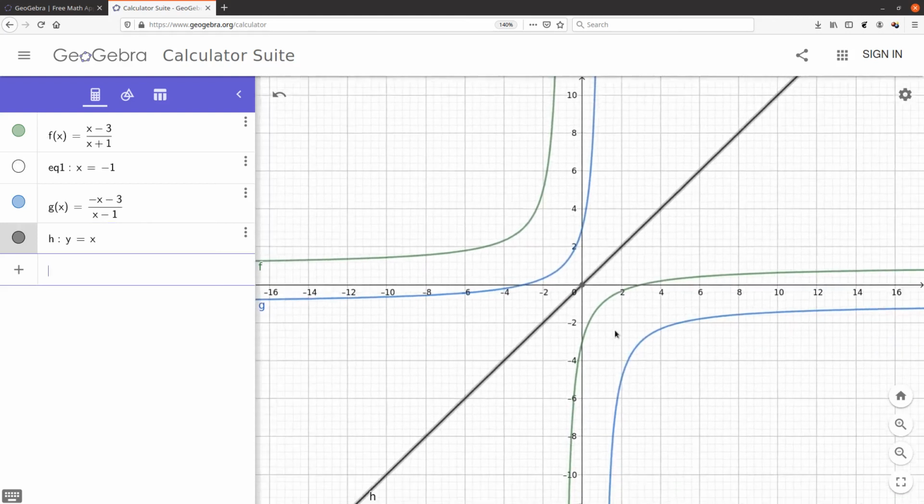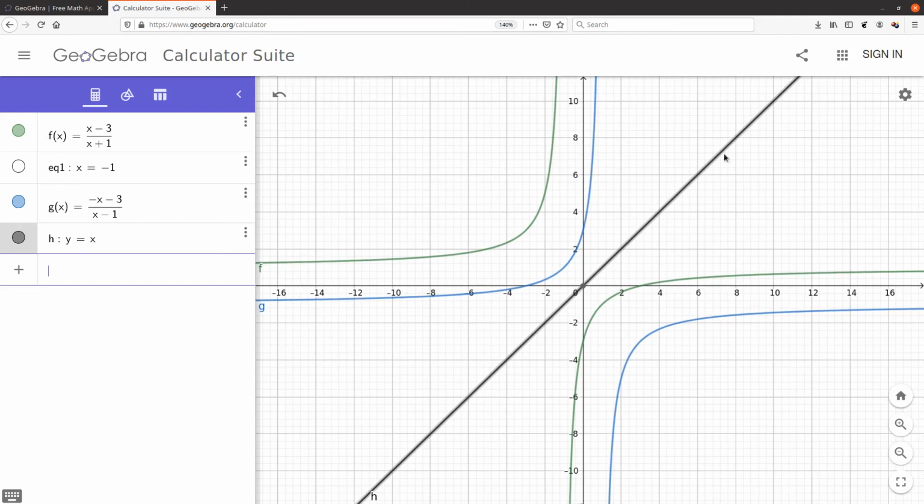So you see that the green one is just a mirror image, mirroring through this axis of the blue, and the same way, let's see if I have y equals -1.